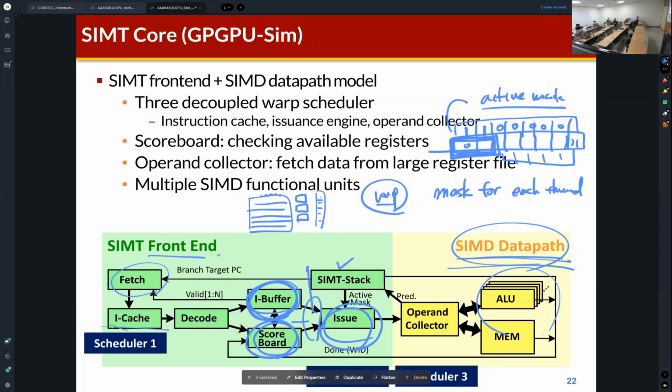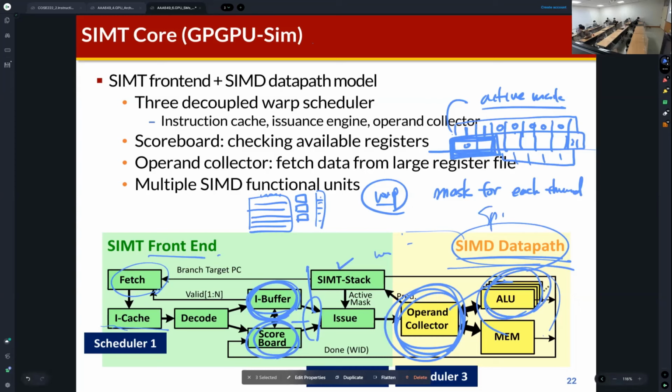This active mask is determined by this step. I also explained the synthesis step. The synthesis step provides the active mask to the warp instruction, and as I mentioned, there is the operand collector. The operand collector collects the operands from the register file, and then using this active mask and the warp execution model, the threads in the warp are executed by the CUDA cores and SPs.